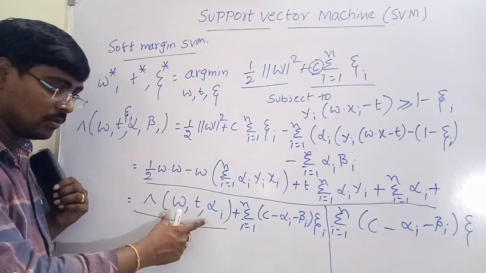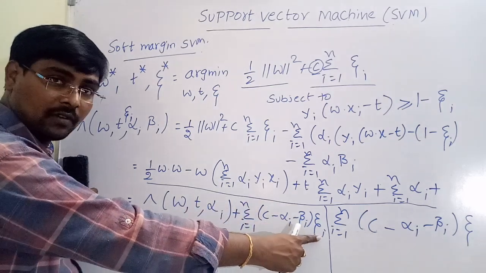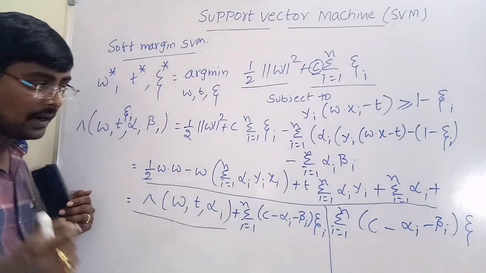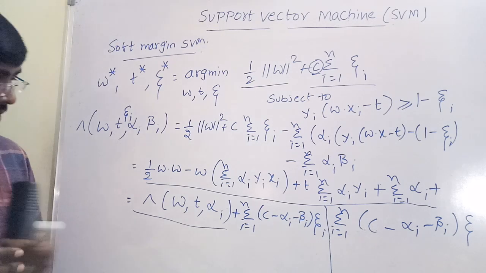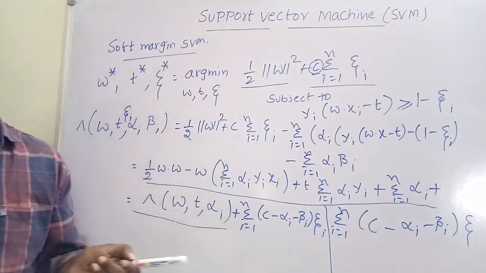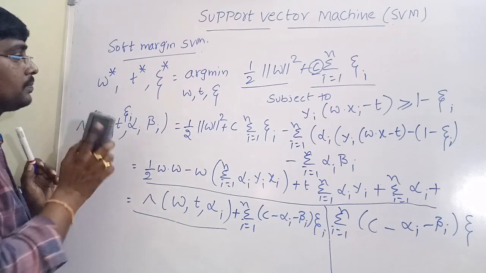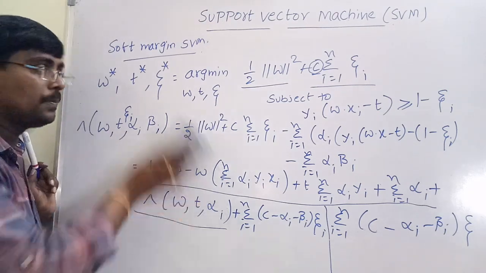This value c minus alpha i minus beta i is equal to 0 for all the terms. Okay, the same problem again.